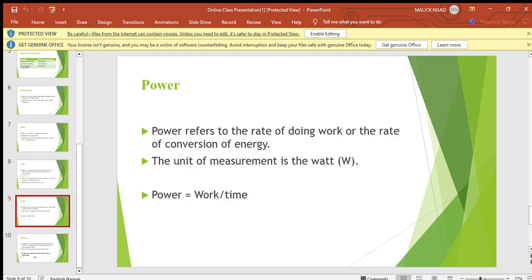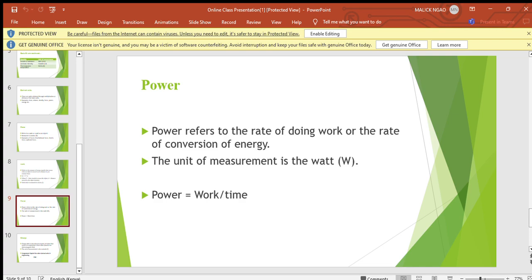The next derived unit we want to see is the power. And how do we define power, Divina? What is the definition? Correct. Power is normally defined as the rate of doing work or the rate of conversion of energy.